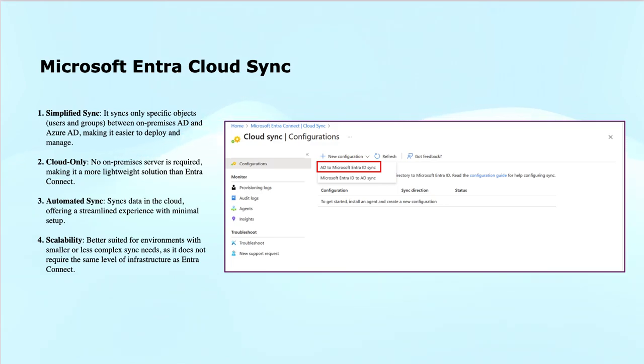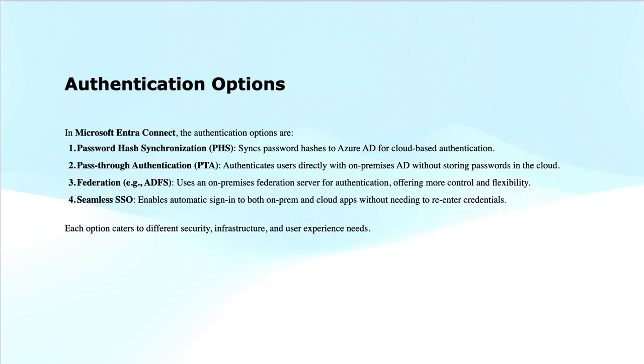Talking about the authentication methods that are available to configure hybrid identity solutions, number one is Password Hash Synchronization, also referred to as PHS. In this, the users from on-premises are synchronized to the Entra ID with their password hashes. It gives the same sign-on experience to the users because they have the same username and password on-premises and in the cloud.